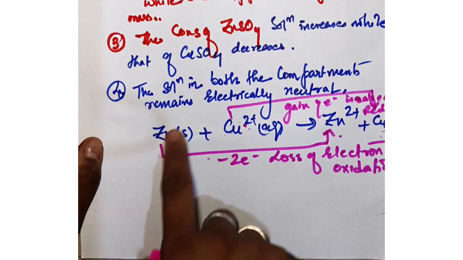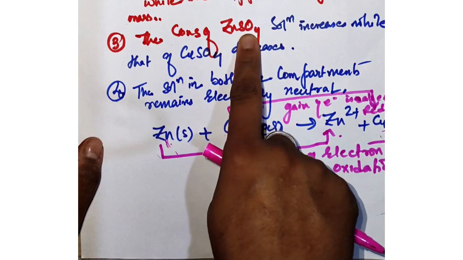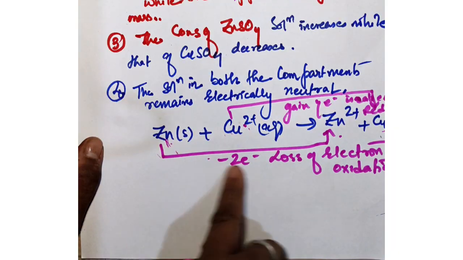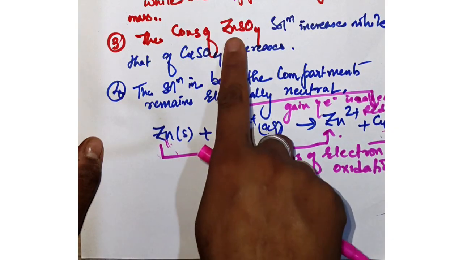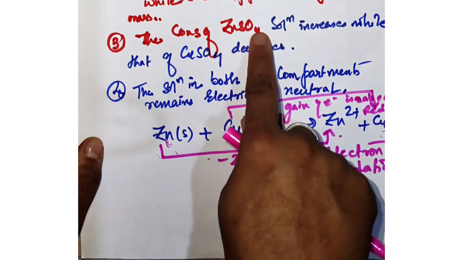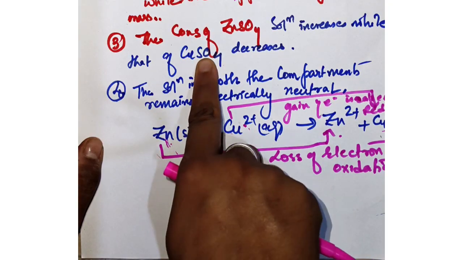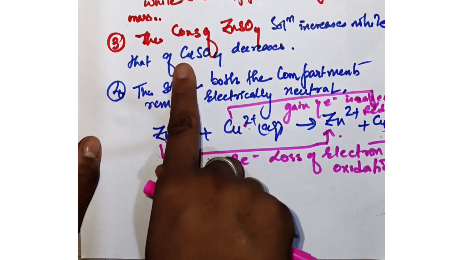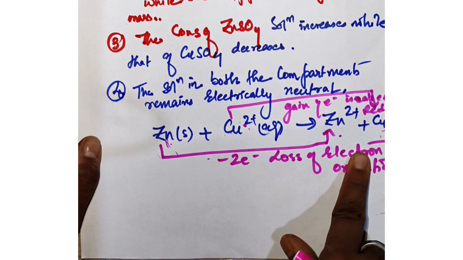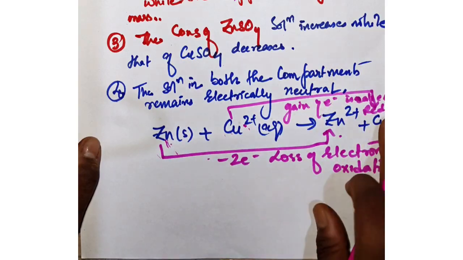So the concentration of ZnSO4 increases. Why? Because the more zinc is getting oxidized, the more ZnSO4 is getting solvated, that means dissociated. The dissociation of ZnSO4 is very quick. So the concentration of ZnSO4 solution increases while that of copper sulfate decreases. Why? Because the copper ions from the solution are getting deposited on the copper electrode.